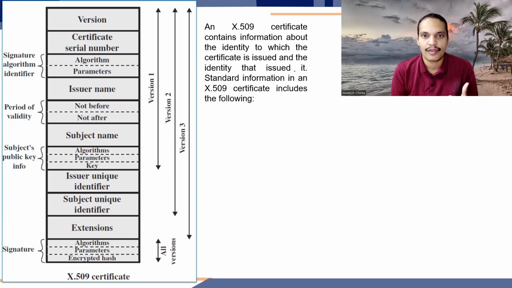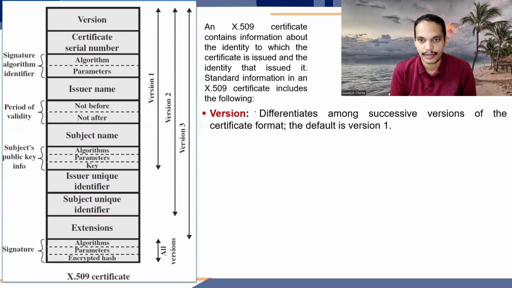If you are earning a BTech degree or a BSc degree, your certificate is going to tell you to whom this certificate is issued, like you, and who issued you this certificate, which university has been issuing this certificate. Similarly, the X.509 certificate contains the information of the certificate owner and also the certificate issuer. So these are the fields that are present in this particular one.